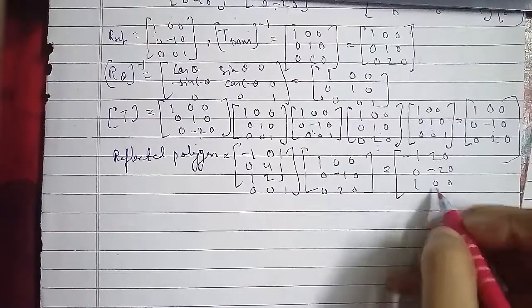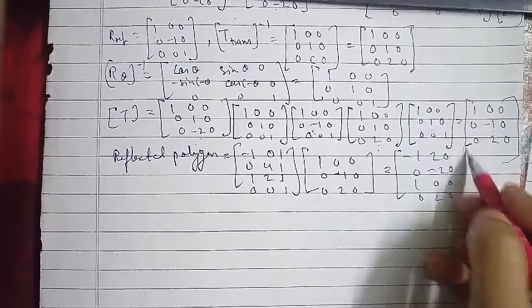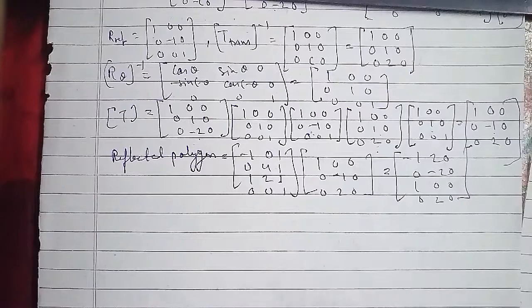Now we'll talk about the second one. The second we have here is that we have to find out for the vertical line where x equals 2.